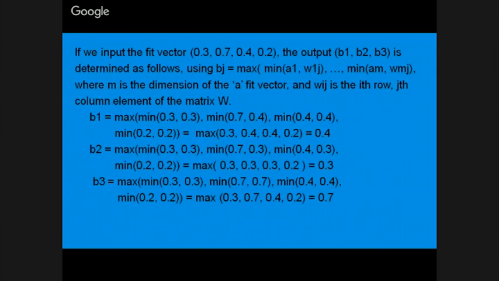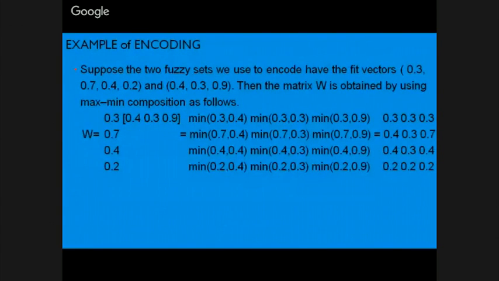When we multiply the vector 0.3, 0.7, 0.4, 0.2 with the first column, we find the minimum of 0.3, 0.3, minimum of 0.7, 0.4, minimum of 0.4, 0.4, minimum of 0.2, 0.2.